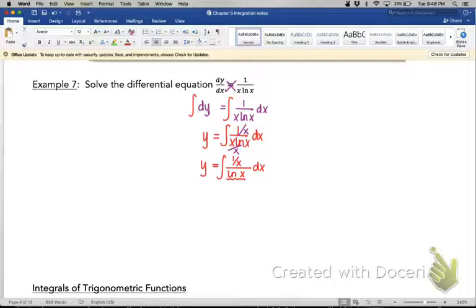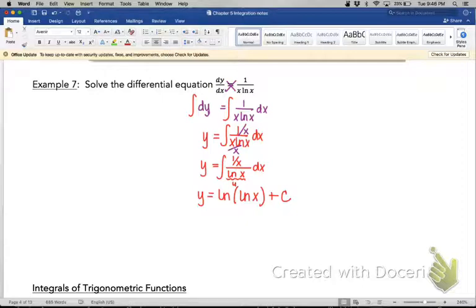So that is u prime over u, which means that y is equal to the natural log of the denominator. This whole thing here is u, the natural log of x. So we want the natural log of the natural log of x plus c. That is the solution to our differential equation.